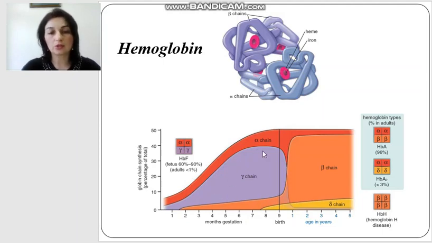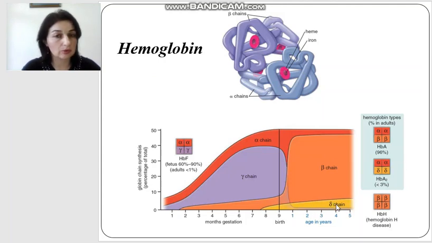Then after birth, that hemoglobin is replaced by hemoglobin A, that is adult hemoglobin. It will include 2 alpha and 2 beta chains. That is hemoglobin A1, but in approximately 2 to 3% of our blood we also have hemoglobin A2, which includes 2 alpha and 2 delta chains.